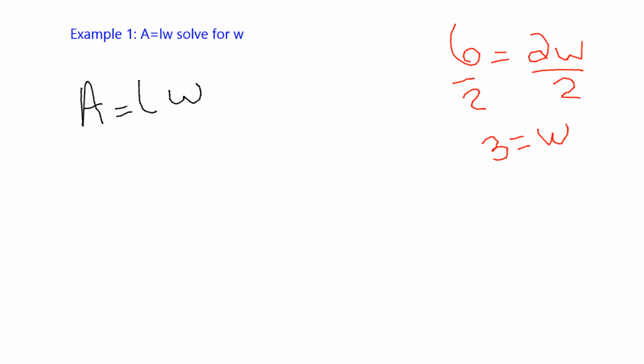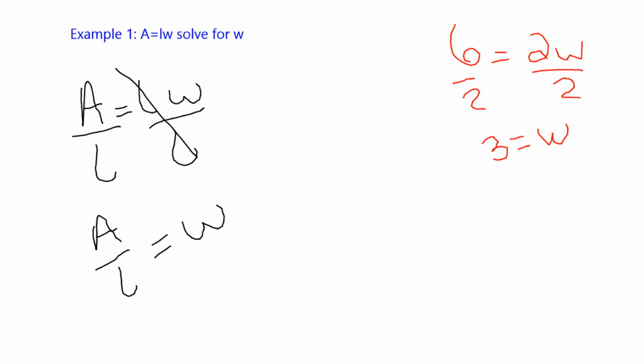Well, if I want W, I got to undo multiplication just like I did over here. So to undo multiplication, I'm going to divide by L because I want to get W by itself. So if I divide by L, they cross out, and I'm left with area over length equaling W. And that's it for the first problem.